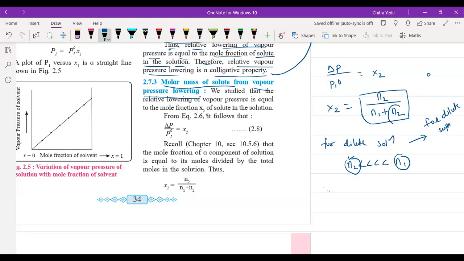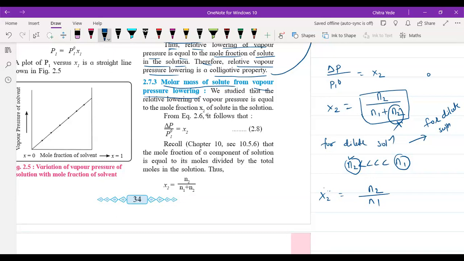Therefore N2 can be neglected, and X2 becomes N2 divided by N1.